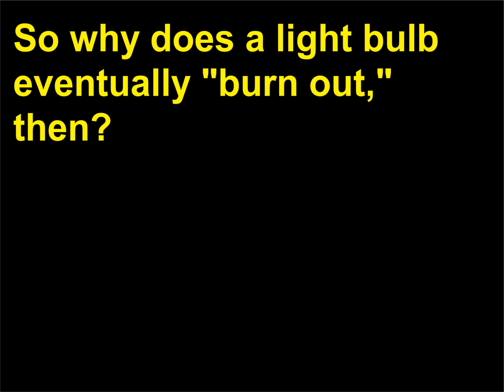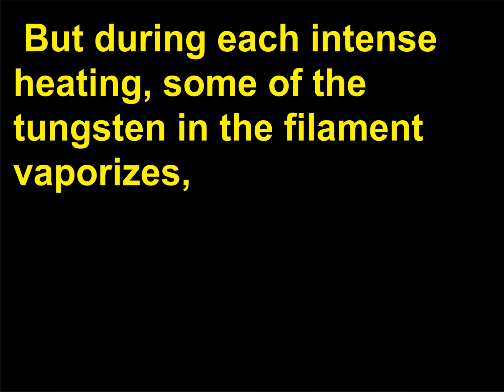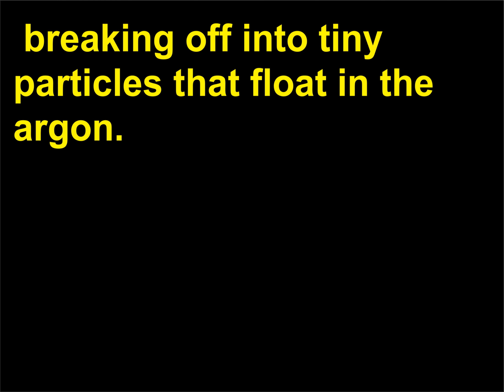So why does a light bulb eventually burn out, then? A light bulb doesn't really burn out. But during each intense heating, some of the tungsten in the filament vaporizes, breaking off into tiny particles that float in the argon.